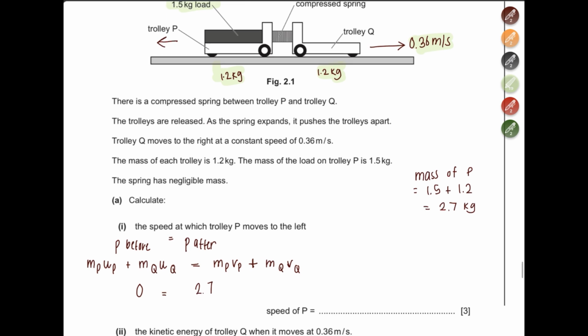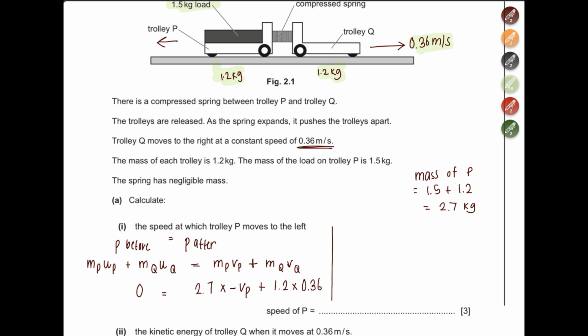So this is going to be 2.7 multiplied by negative Vp, plus the mass of trolley Q, which is 1.2, times the velocity of trolley Q, which is 0.36.